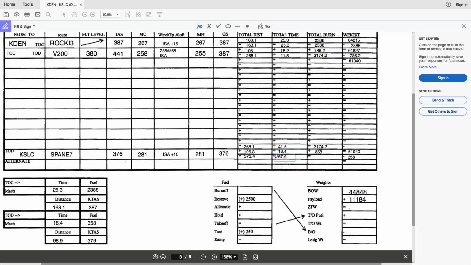Okay. Total burn, 3,532.2. And subtract that 358 from 6140. 60,682. Okay. Now what do we do with these numbers?